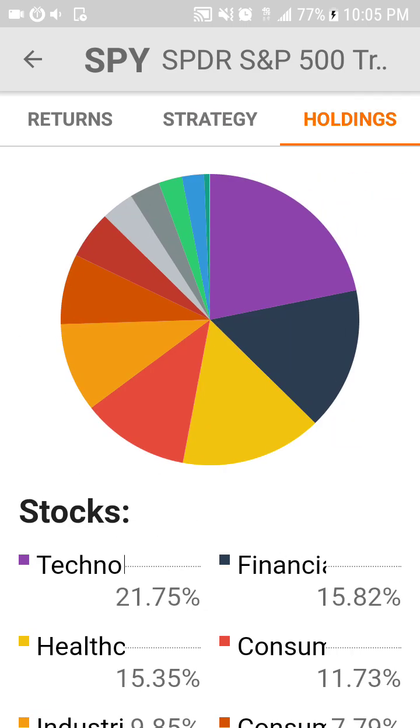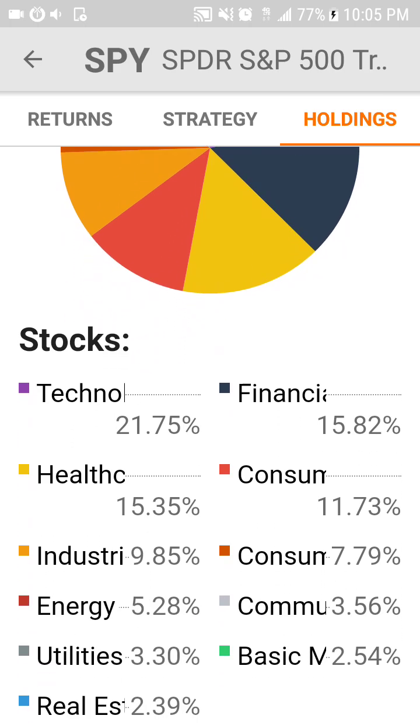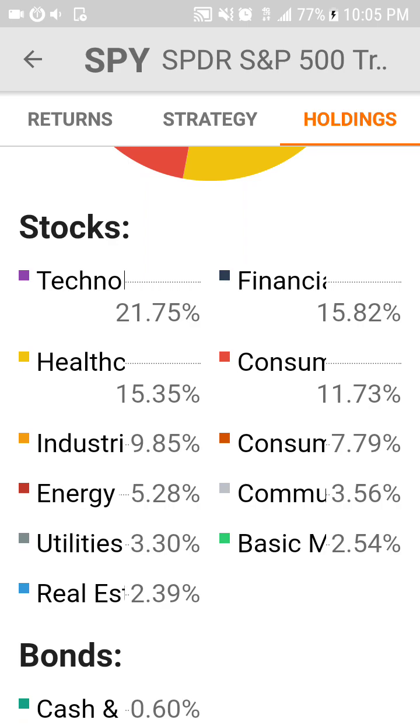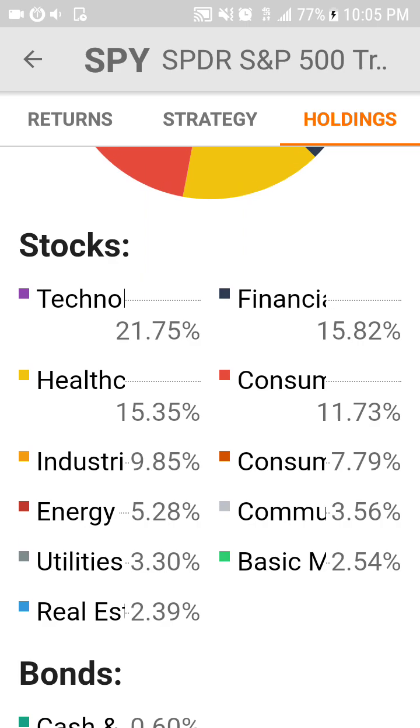Next is holdings. So you can see a breakdown of the ETF. At the very top, you can see a pie chart, a visual of the breakdown. Under that, you can see the specific sectors that make up this ETF.